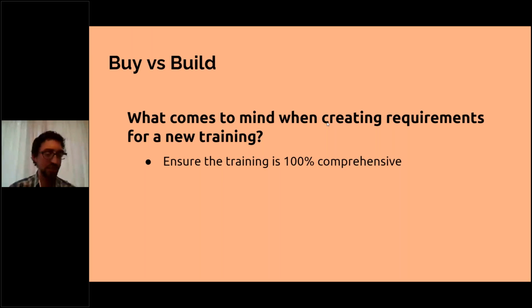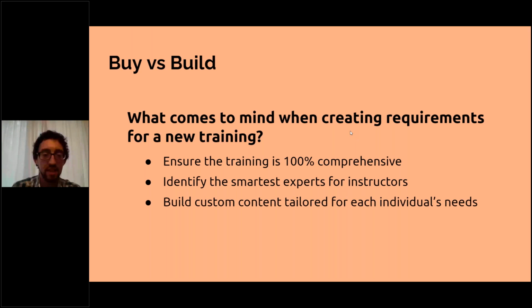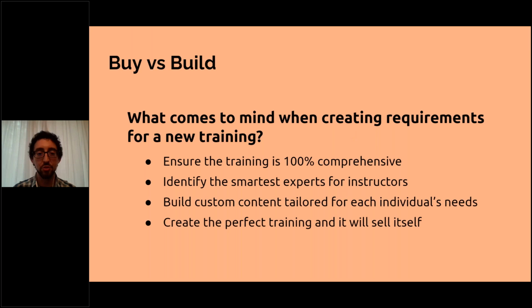And I've got to find a training that's going to satisfy that. I also need to make sure I identify the smartest people, have subject matter experts teaching, because otherwise they won't be believable. I've got to build custom content, and it's got to meet everybody's individual needs. And once I do all that, it'll be perfect, and I don't really have to do anything else because people are just going to come to it.